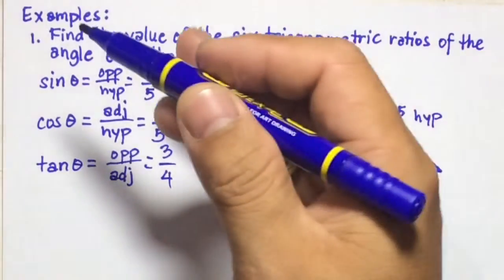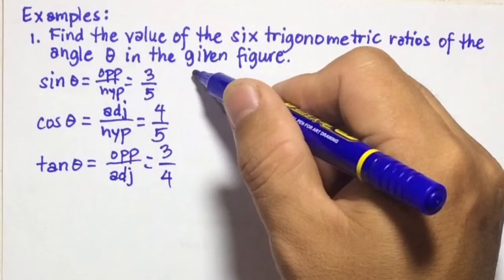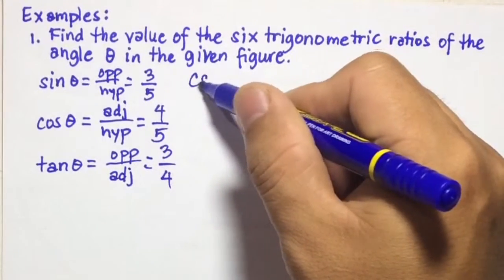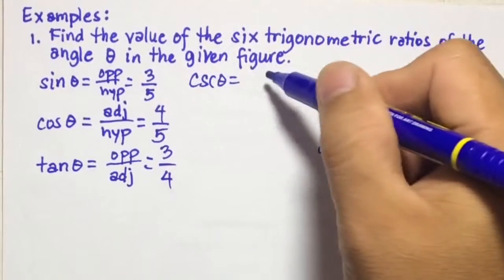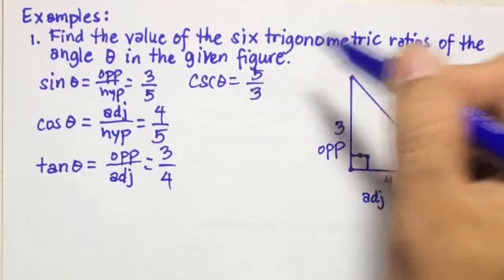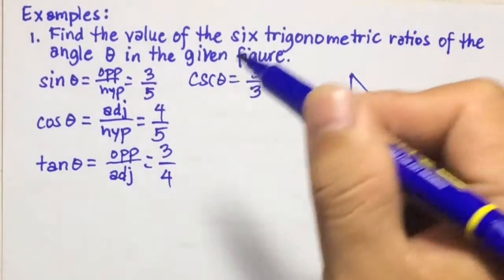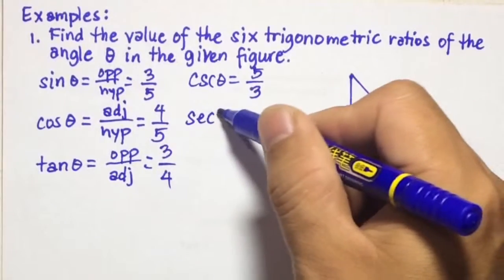Then if we're going to have the reciprocals of the 3 here, so sine, that is cosecant. So cosecant of theta equals the reciprocal of this one, that is 5 over 3. Then cosine of theta, the opposite is secant of theta.